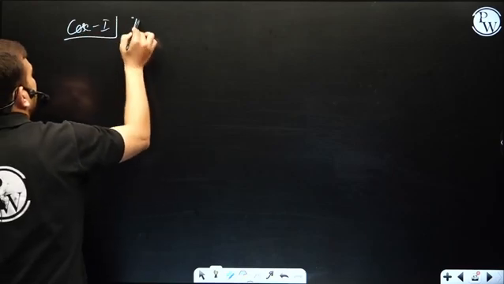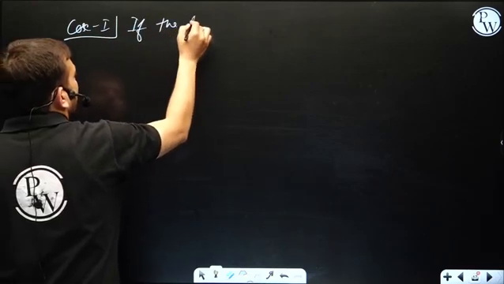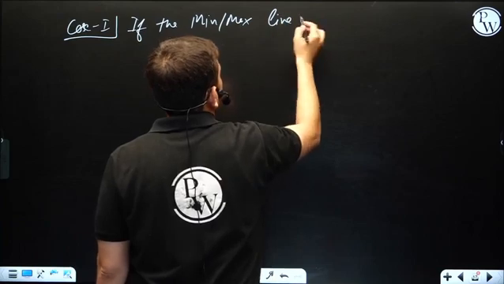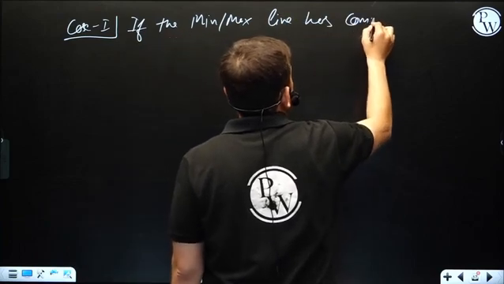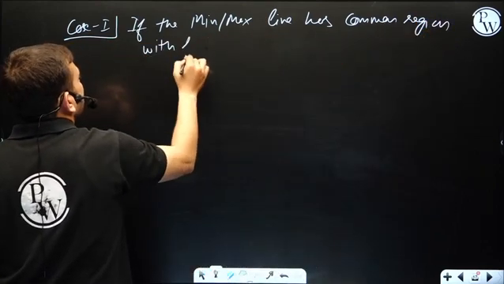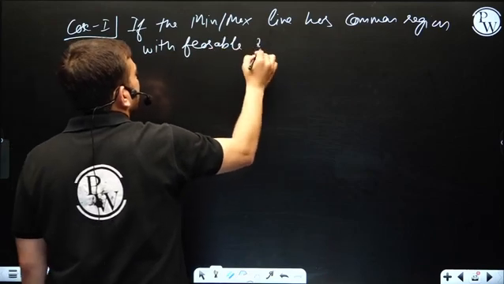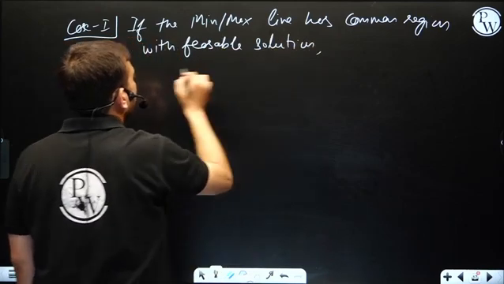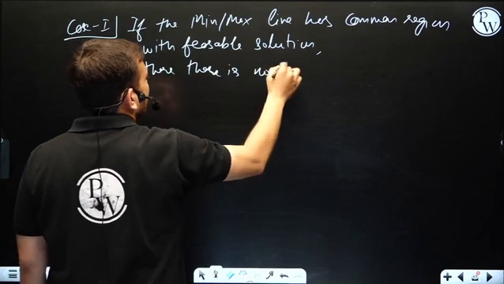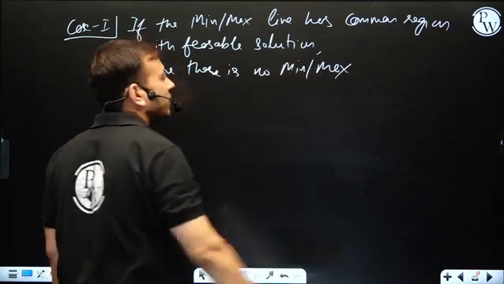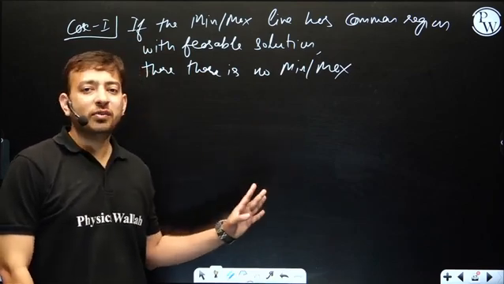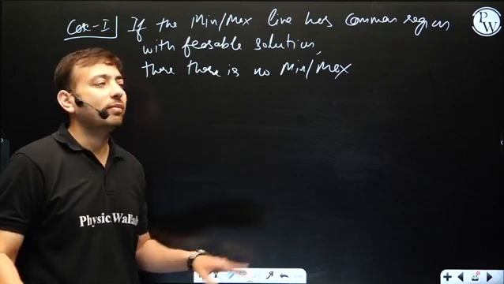Case 1, if the minimum or maximum line has a common region with the feasible solution, then there is no minimum or maximum. Means if it has a common region with the feasible solution, you will say there is no minimum or maximum.